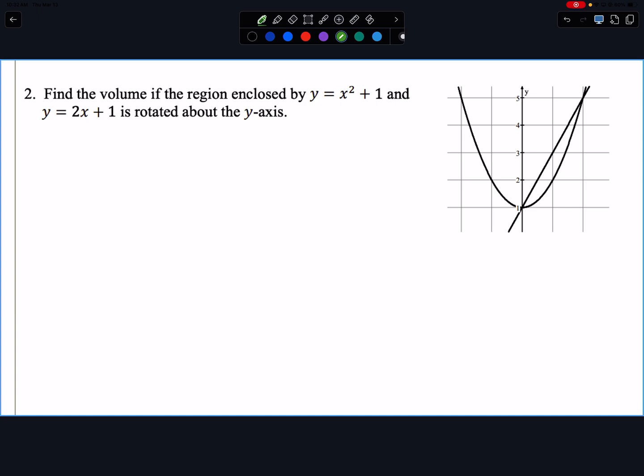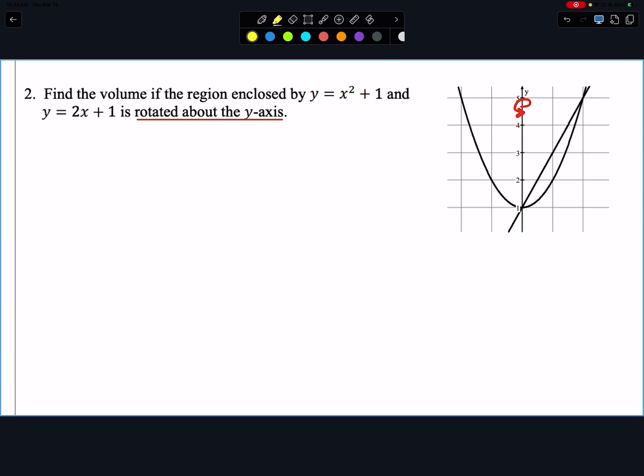It's fine. Find the volume if the region enclosed by y equals x squared plus 1 and y equals 2x plus 1 is rotated about the y-axis. So this is important. I'm spinning it like this.